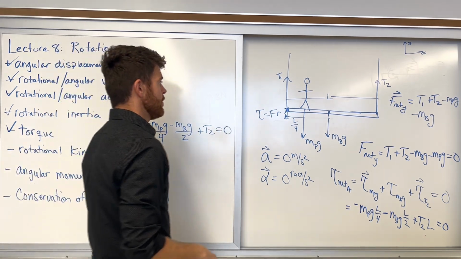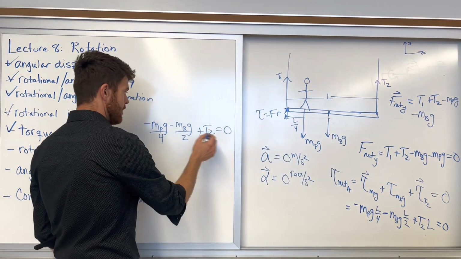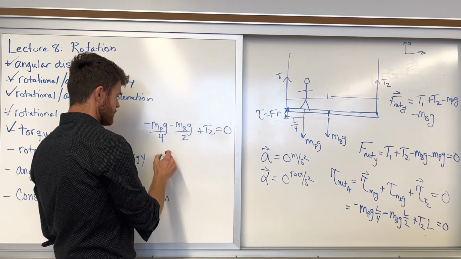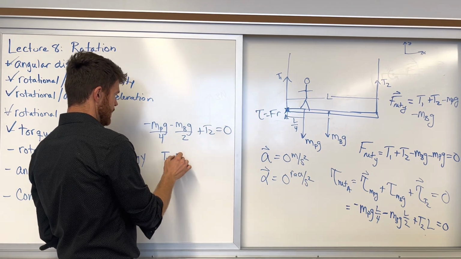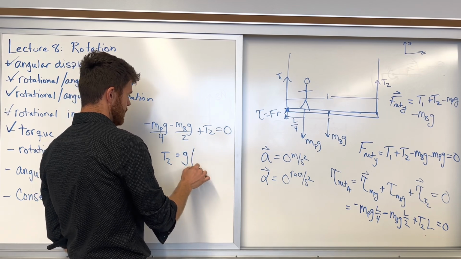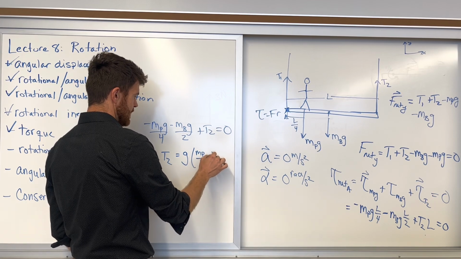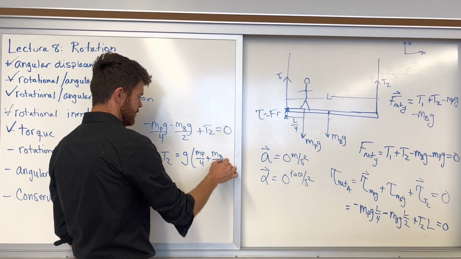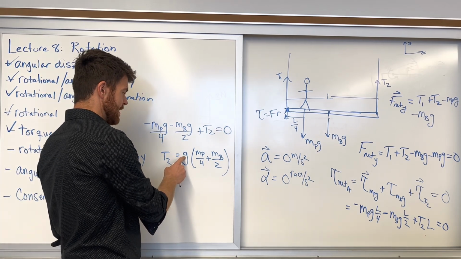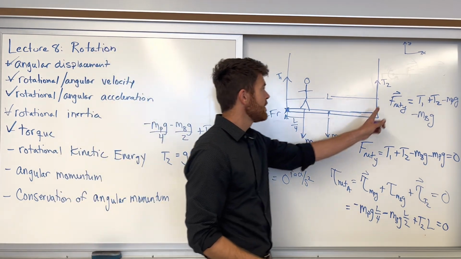So assuming I knew the mass of the person and the mass of the board, I could solve for T2. T2 equals G times MP over 4 plus MB over 2. That's acceleration times mass, which gives me a force. So that's what this tension is.